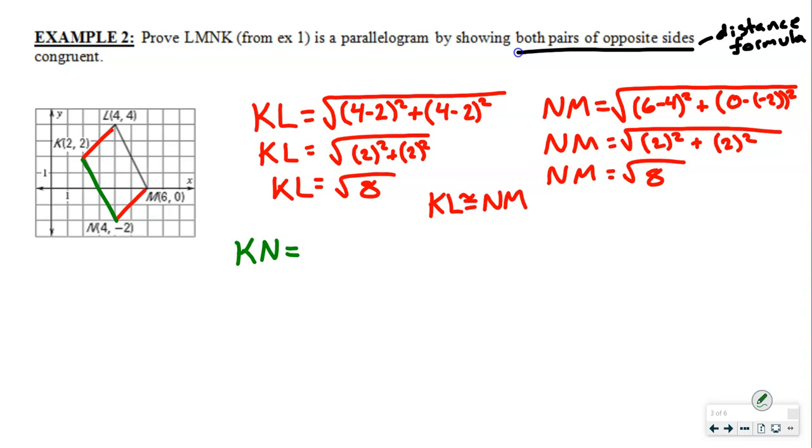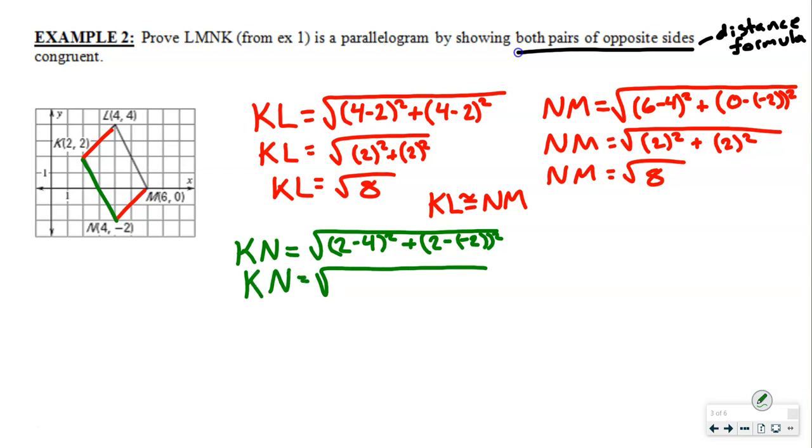We've got our x's, 2 minus 4 squared plus 2 minus negative 2 squared. 2 minus 4 squared gives me negative 2 squared, and 2 minus negative 2 becomes 2 plus 2, so that gives me 4 squared.